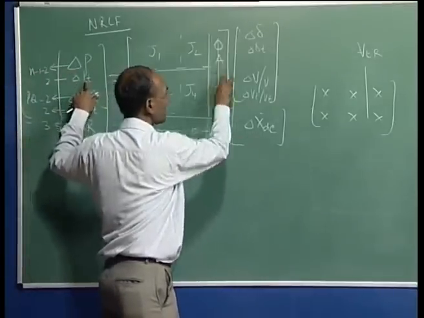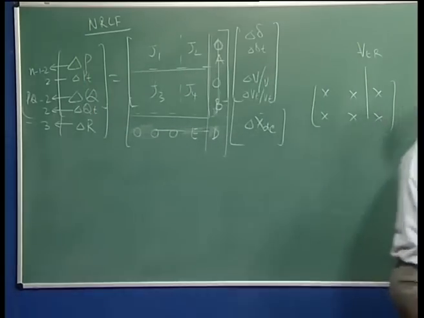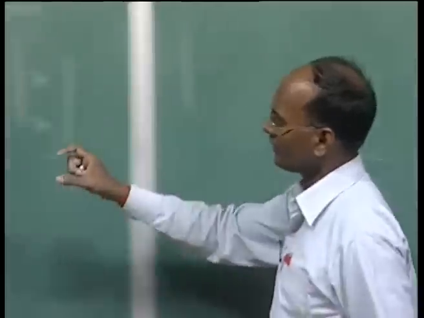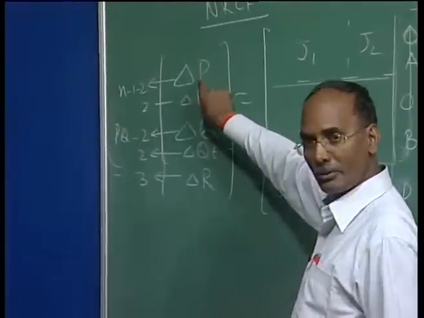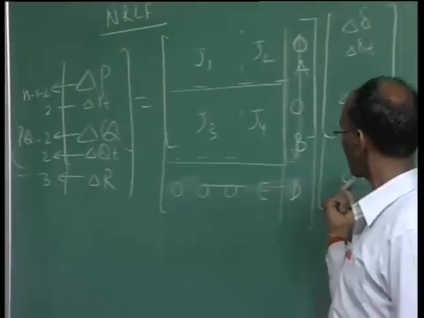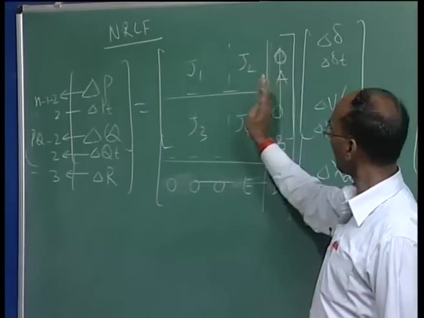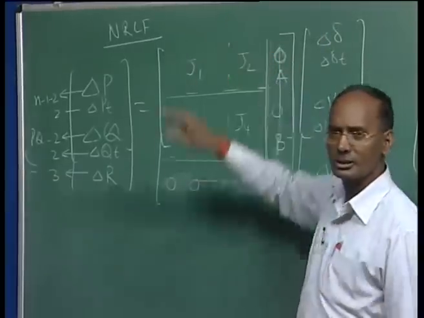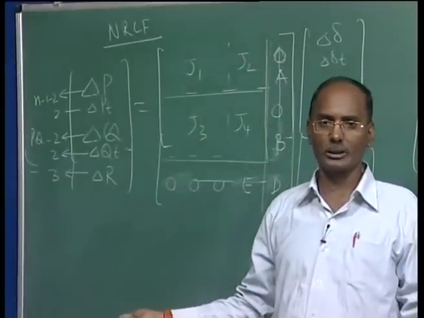So, this element basically A, I will come to that, here you can see your A is the PT, the power at the terminal buses differentiated with this XDC. Here this is corresponding to this, corresponding to this, here we are not changing because it is the AC side and there is no change at all.